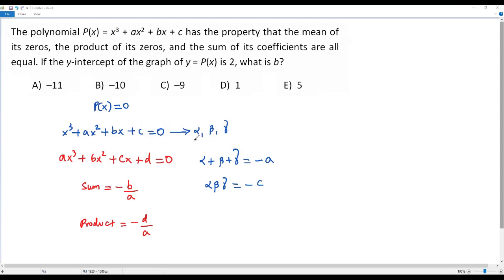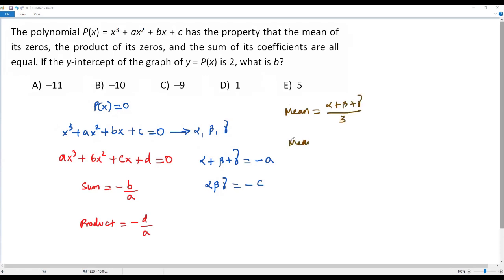We assumed alpha, beta, and gamma as the 3 roots of this cubic equation, which we got by equating the given polynomial function p of x to 0. So we can consider alpha, beta, and gamma as the zeros of this polynomial function. Now let me get the mean of the zeros. For that, we add all the 3 zeros, alpha, beta, and gamma, and divide by 3. Mean equals negative a, which we already found, divided by 3.